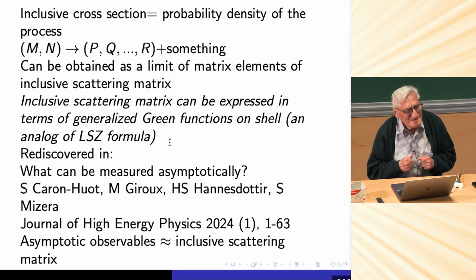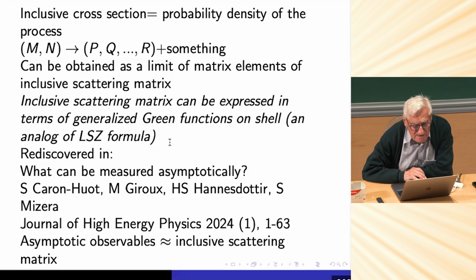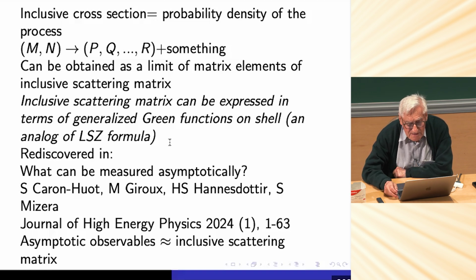However, let me go ahead at this moment. The usual scattering matrix can be expressed in terms of Green functions on shell. This is what is called the Lehmann-Symanzik-Zimmermann formula.